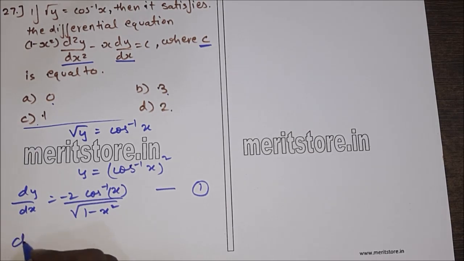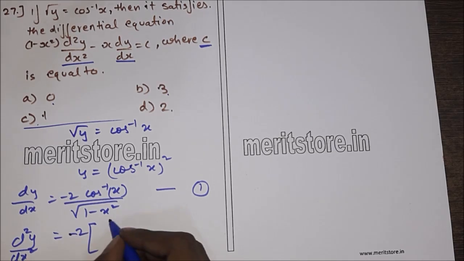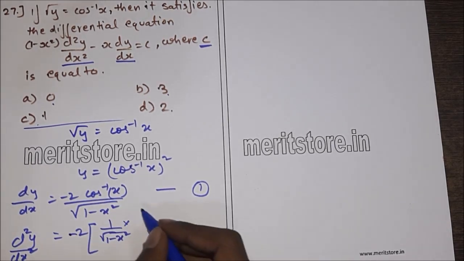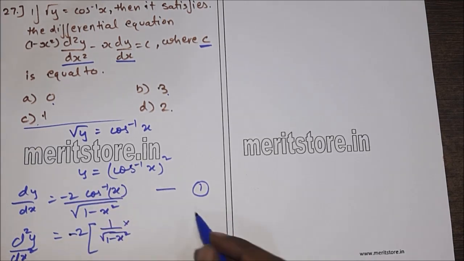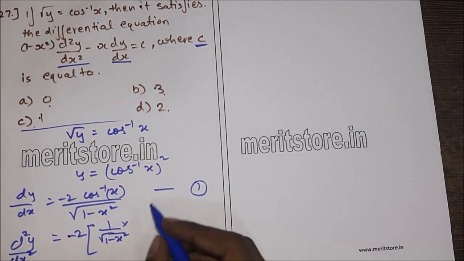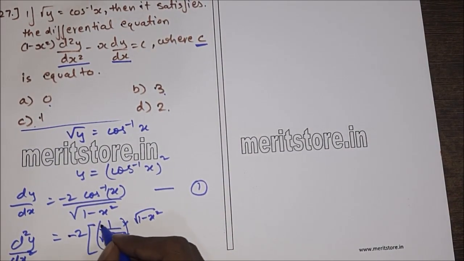We differentiate this again, so d2y by dx square is equal to minus 2. This is in the form of u by v. So v into derivative of u, so 1 minus x square, this is the derivative of minus cos inverse of x, so this is minus 1 upon root of 1 minus x square.